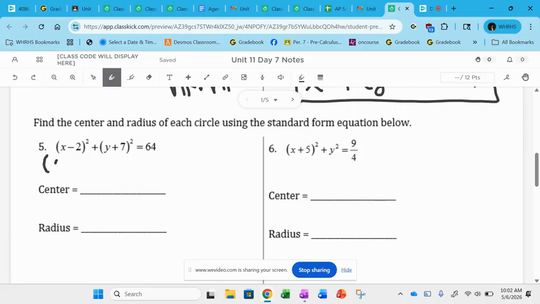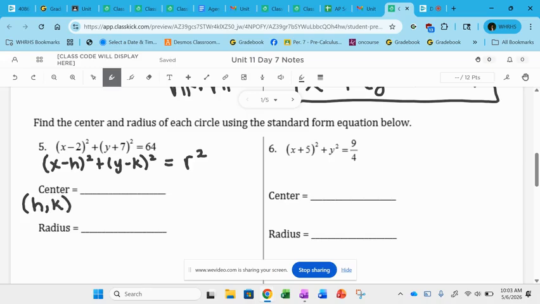The equation is supposed to look like (x minus h) squared plus (y minus k) squared equals the radius squared. So I see this, it's in pretty good format already. It's matching up really good. So now remember, my center is which 2 letters? Is it my center h comma k?